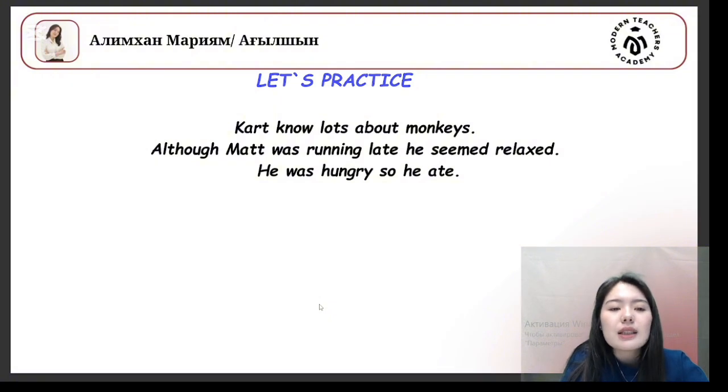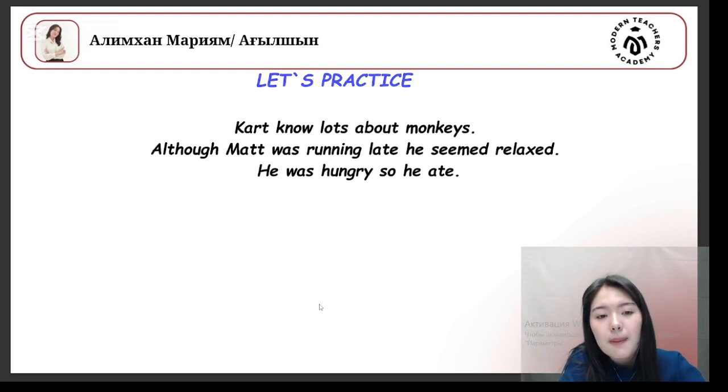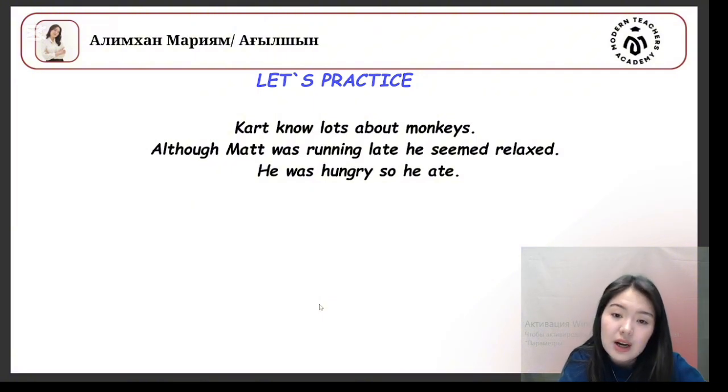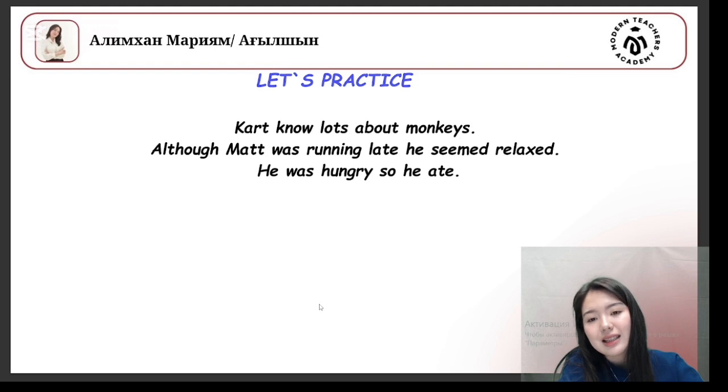Yes. Second: Matt was running late. He seemed relaxed. We have two subjects here, Matt and he. Also we have two verbs, was running and seemed relaxed. It's a compound verb. Okay. It seems like a complex sentence, because it has a set. Let's take the first sentence.